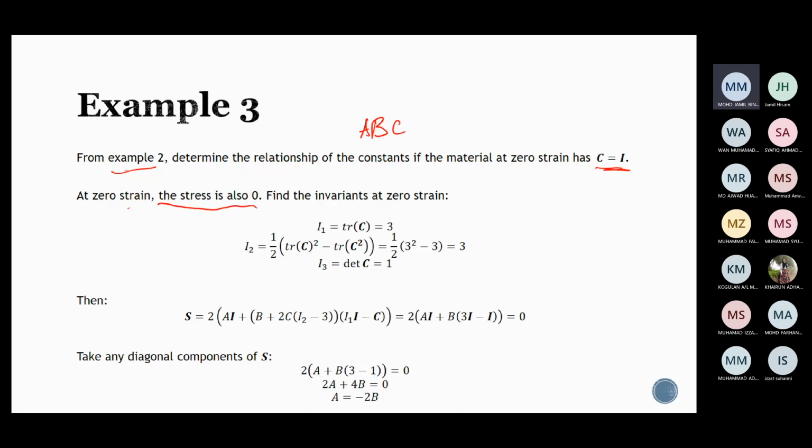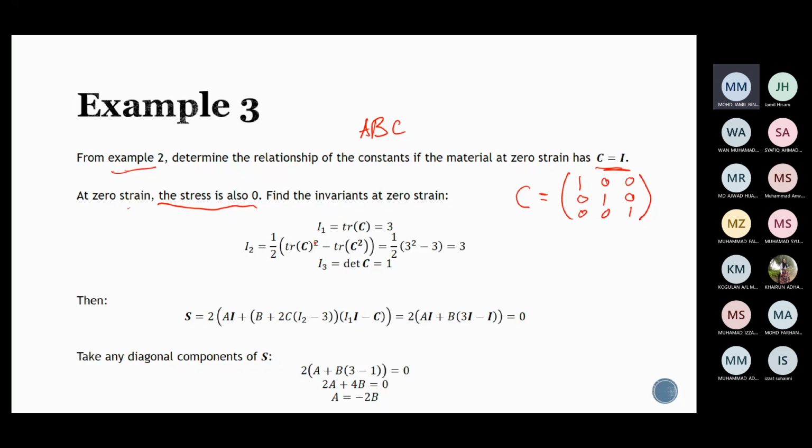So firstly, you need to find the invariants at zero strain. So I1 just now equals trace of C. C is the identity matrix, and the trace is basically you add up all the diagonal elements. So you get 3.